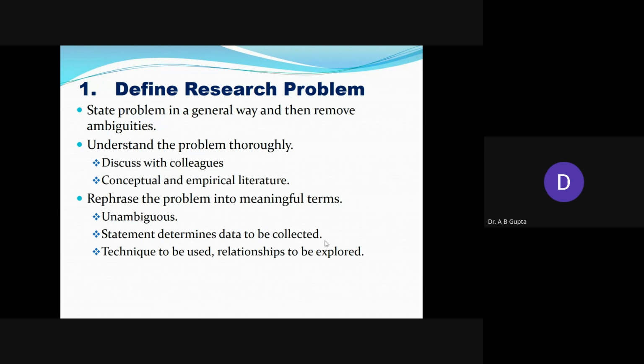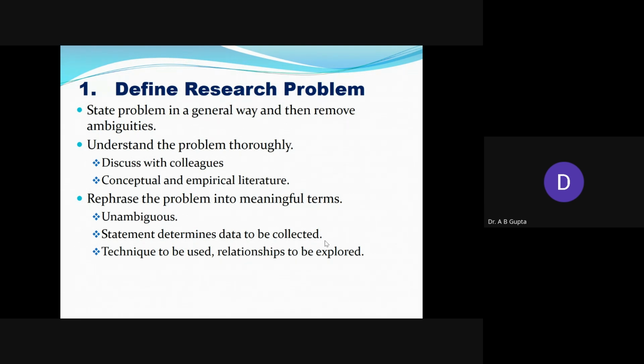So understand the problem, state it in a general way, and then with the passage of time rephrase it, fine tune it, so that any ambiguity is removed. Your final research problem is unambiguous, and defining it will help you determine what type of data you want to collect, and which technique you will be using to undertake the research. So the definition of the research problem is very, very important.